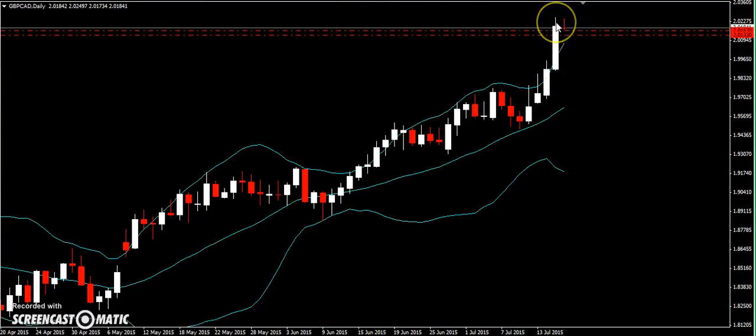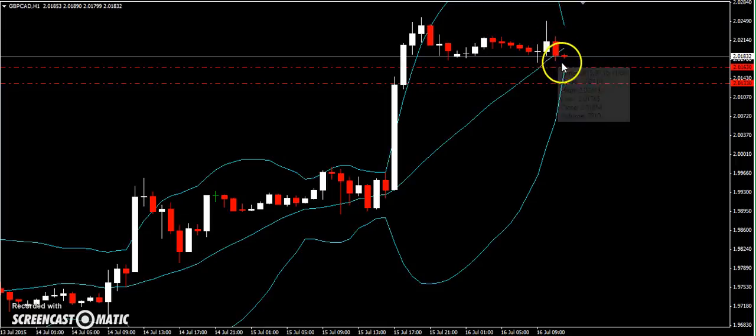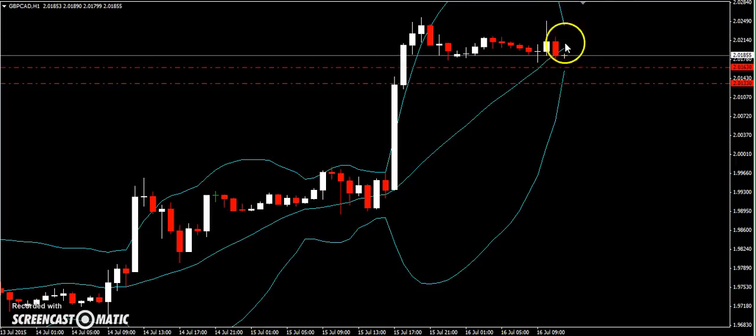Again, a huge push out of the Bollinger Band, looking for that pullback to come back to it like a magnet. Down to the hour chart, push out outside of the Bollinger Band, flattened out, buying pressure has eased, we're looking for that pullback, and also see how the Bollinger Bands are starting to squeeze there.